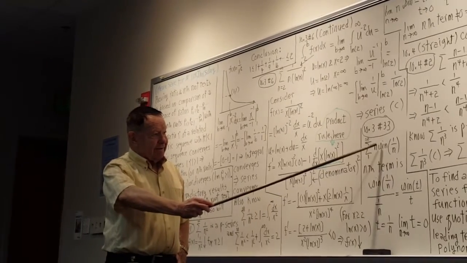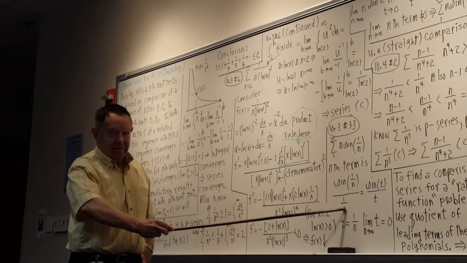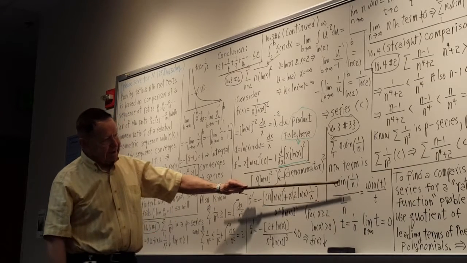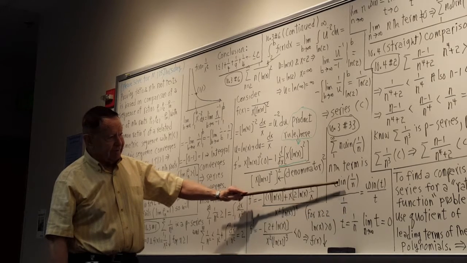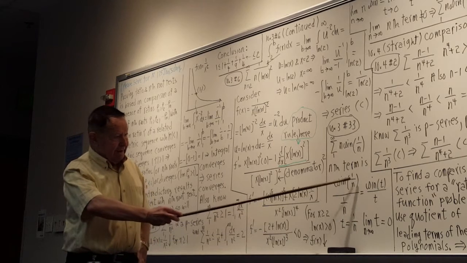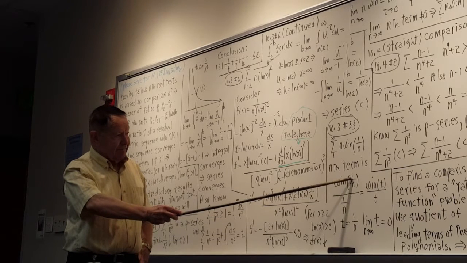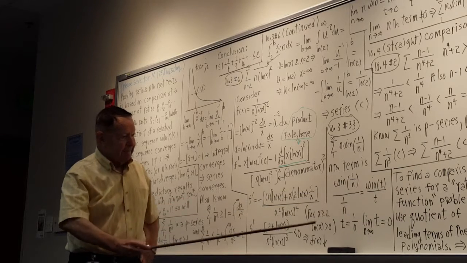You can rewrite this as the sine divided by 1 over n, because if you divide fractions, you invert and multiply, and that would be what you started with. And then call this t. So you have sine t over t.